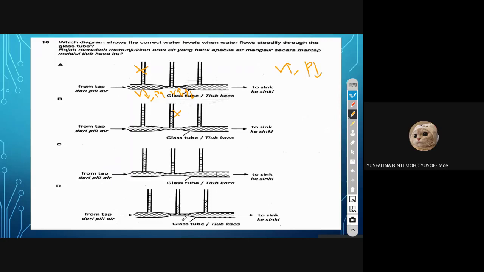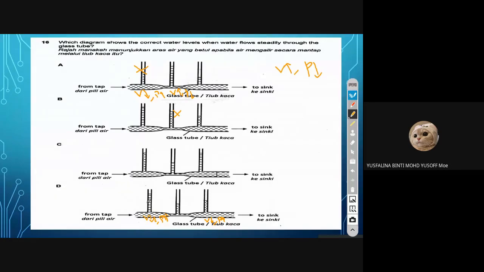Since the water comes from the high velocity place, for this one the velocity is lower, but this one is the lowest compared to this. When the velocity is lower, the pressure is high, and this one has the highest pressure. So it will rise up, but not as much as this part, because the velocity here is much lower.